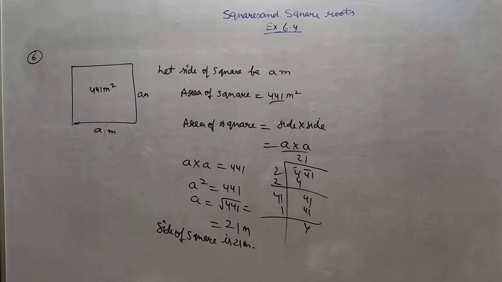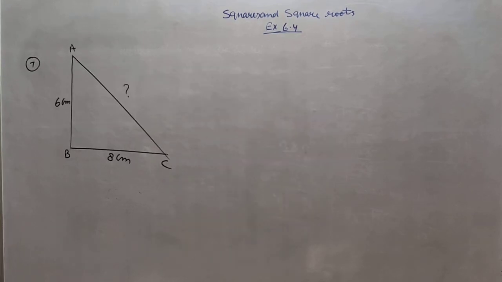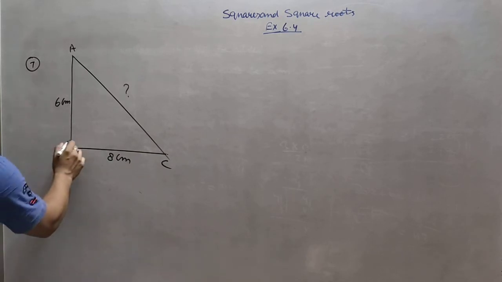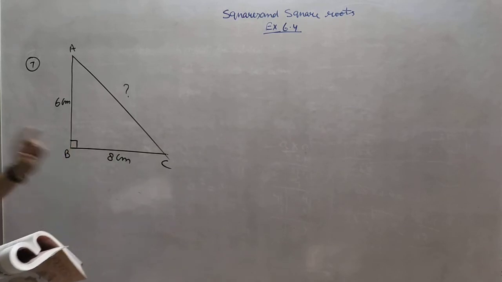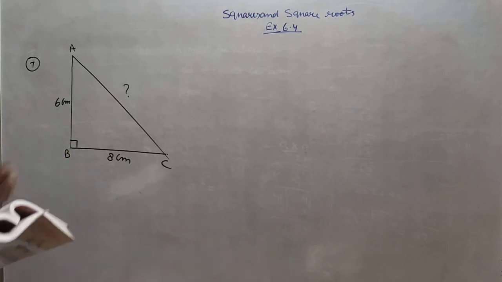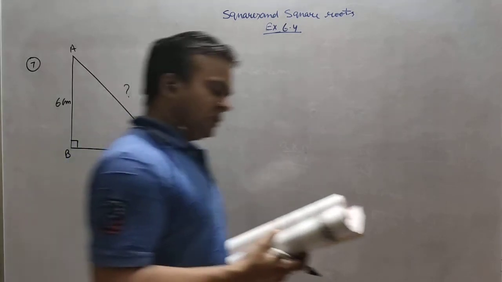Right. Now question number 7: in a right angle triangle ABC, you can see B is at 90 degrees, it is given. So always you have to be very careful where the right angle point is. You have to put that point only there. You cannot change the position.